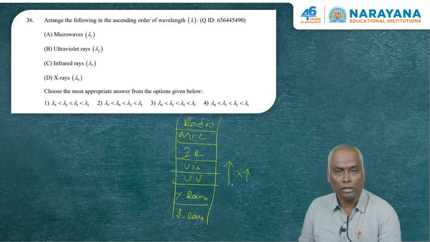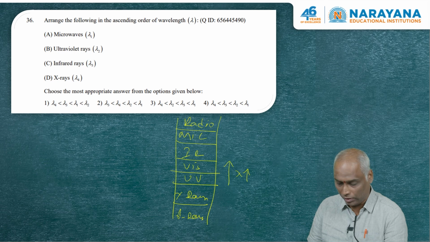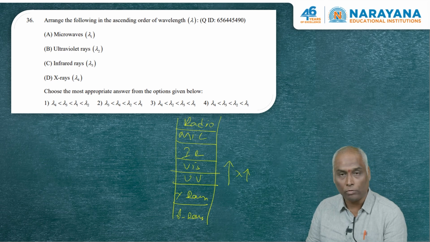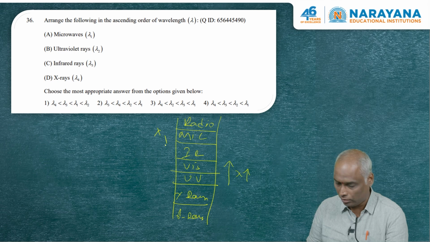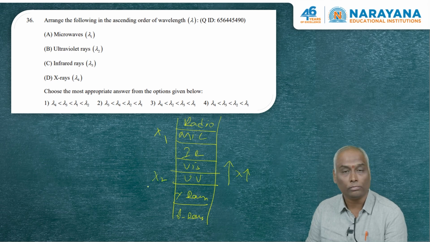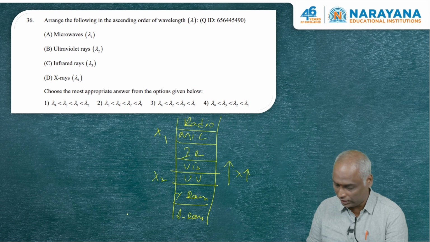Now here we have to consider the wavelengths. Microwaves is lambda 1. Next, UV is given as lambda 2. Next one, infrared is given as lambda 3. And the last one is X-rays, which is lambda 4.